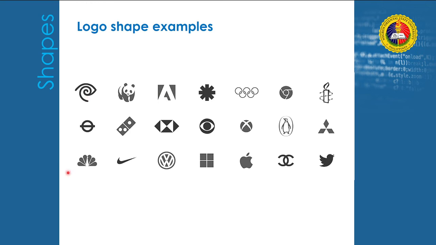However, this logo, this candle, this Linux, this WWF, only those who are good at drawing can draw these, because they have specific designs. So these three are examples of organic designs, and the rest are geometric shapes. Okay?